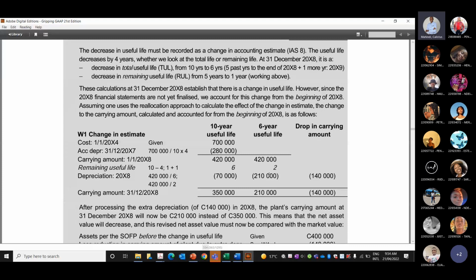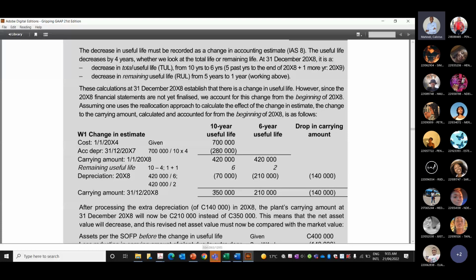Now, in this instance, this is where you compare the two carrying amounts. In the original estimate, we have a carrying amount of 350,000, and our revised one is 210,000. So it means our carrying amount has dropped by 140,000.